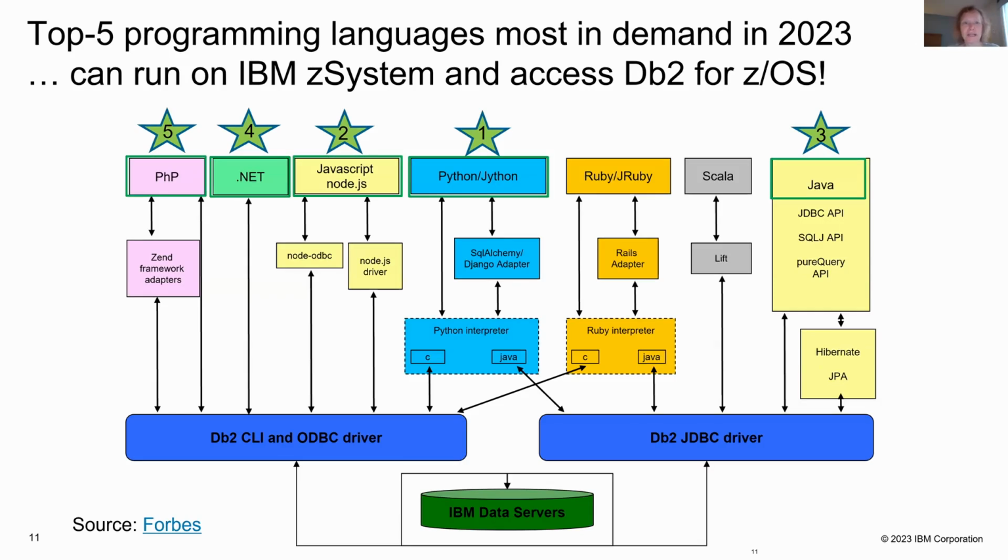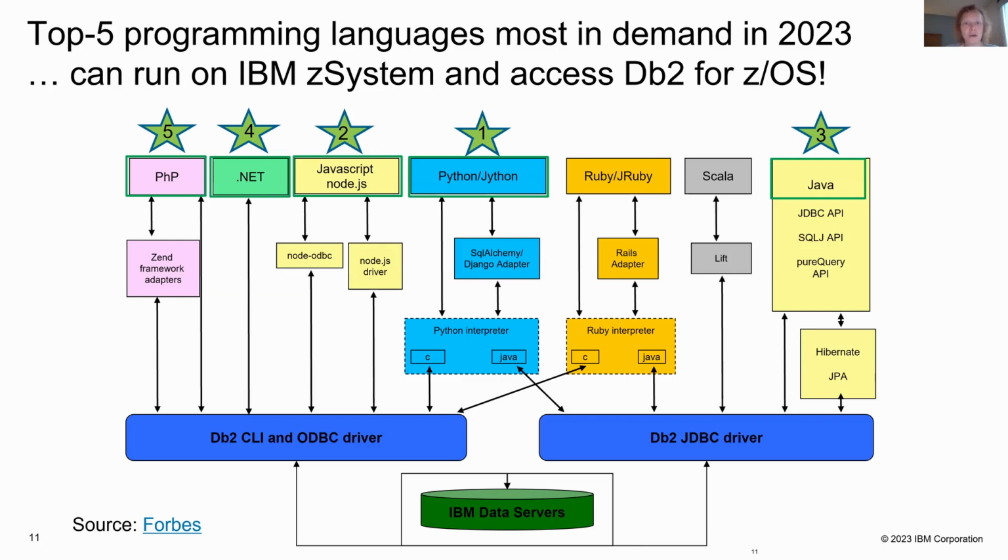And then I looked up my very old pictures that show how different application programming languages access Db2 for z/OS. And I did another Google search, and Forbes had a list of the top 5 programming languages most in demand in 2023. It started with Python, followed by JavaScript, Java, .NET, and PHP.